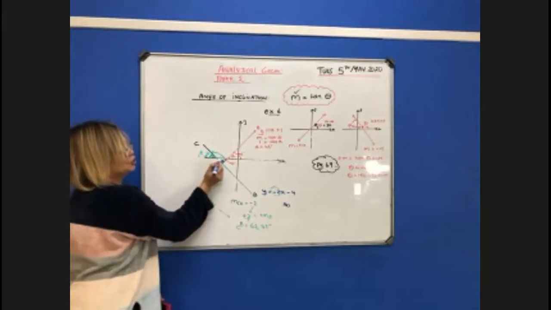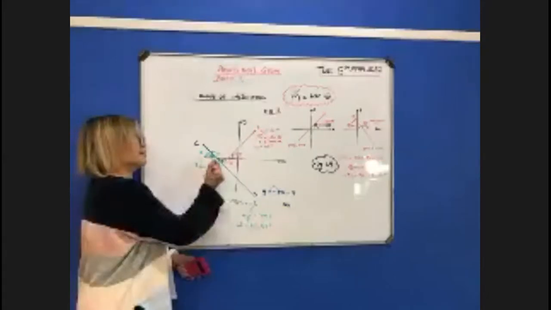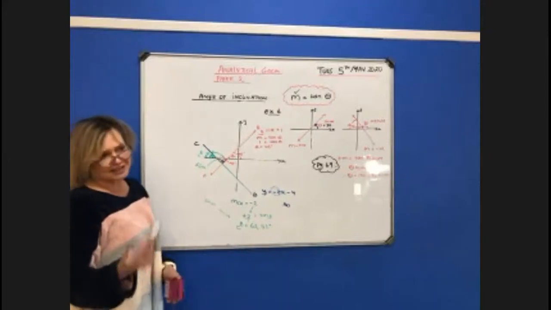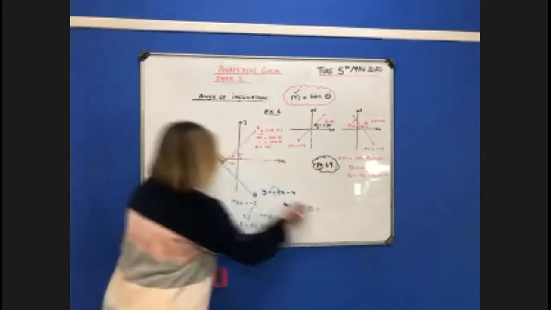Now, this little angle theta would be 180 minus the sum of those 2 little angles. Here I am using the sum of angles in this triangle there. Sometimes you can use the exterior angle. It's up to you. But they asked, what is theta?